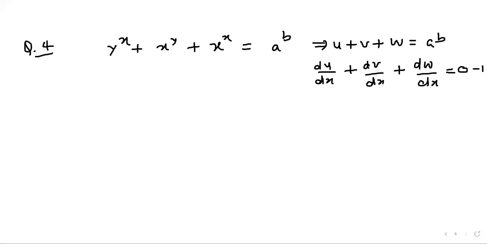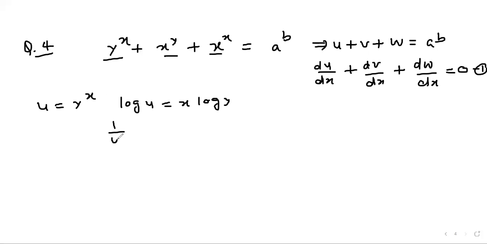Now we assume it as equation number 1, and we differentiate these terms separately. So here u equal to y power x, we take log. So log u equal to x log y. We differentiate it with respect to x. So 1 upon u du upon dx equal to x into 1 upon y dy by dx plus log y into 1.